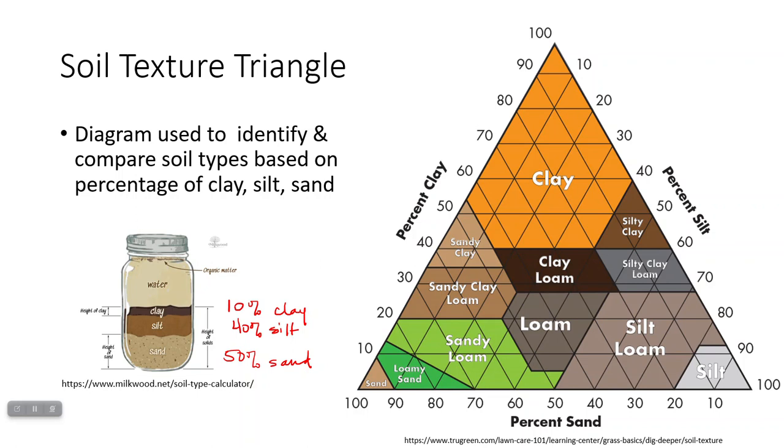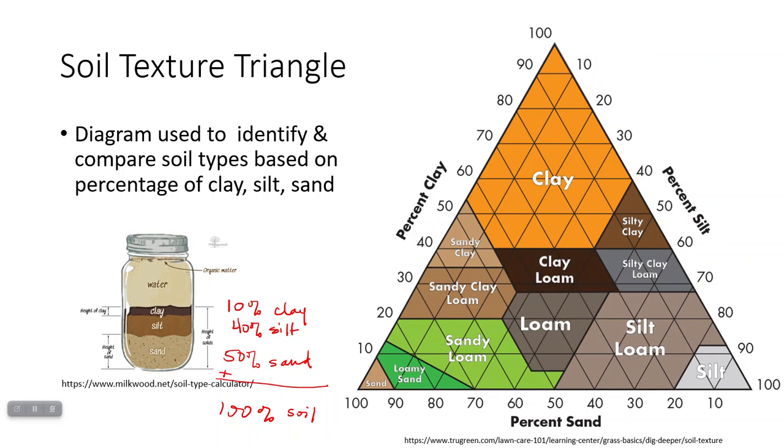You may want to take a ruler to your screen and figure this out. But the important thing to note is that all of these percentages have to add up to 100 because altogether, these make up 100% of the sample or 100% of the solids. But what's important to note is what percent is sand, what percent is silt, and what percent is clay.